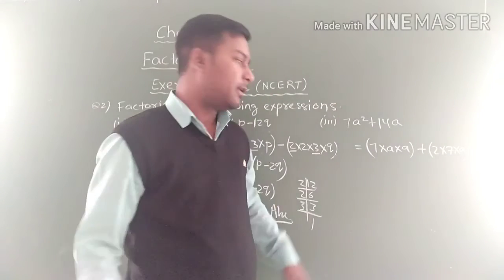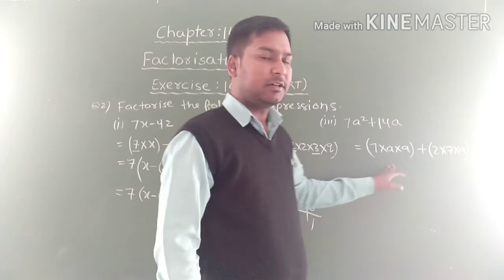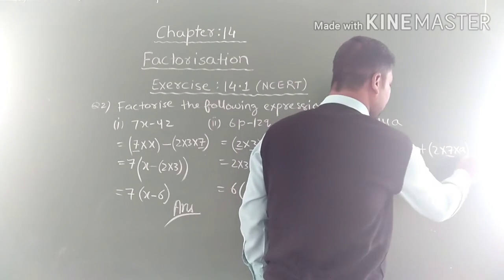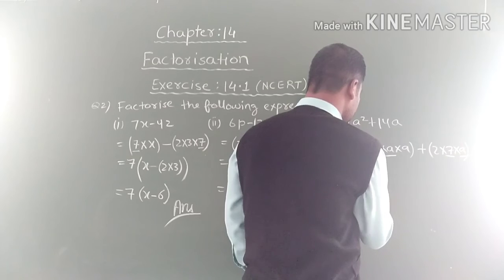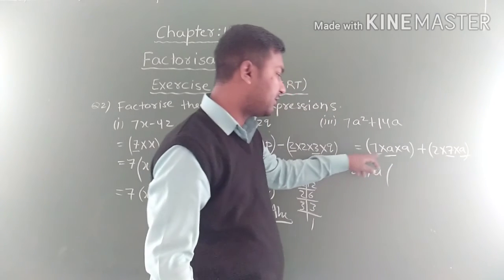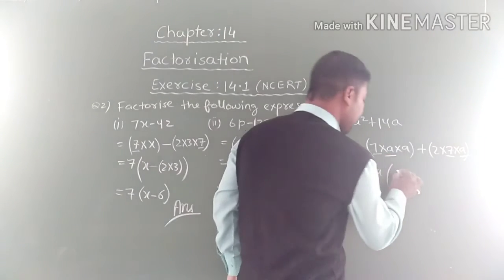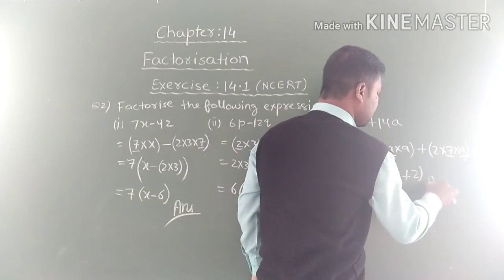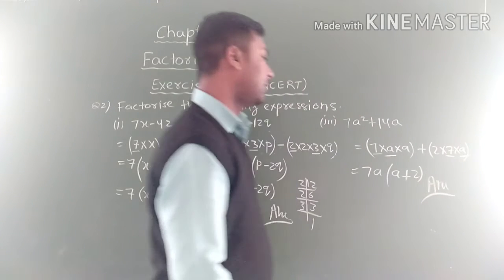Now just take common. What is common here? 7 is common and a is common, so this is 7a. And what is left in the first term? a is left, plus 2 is left, so this will be the final answer.